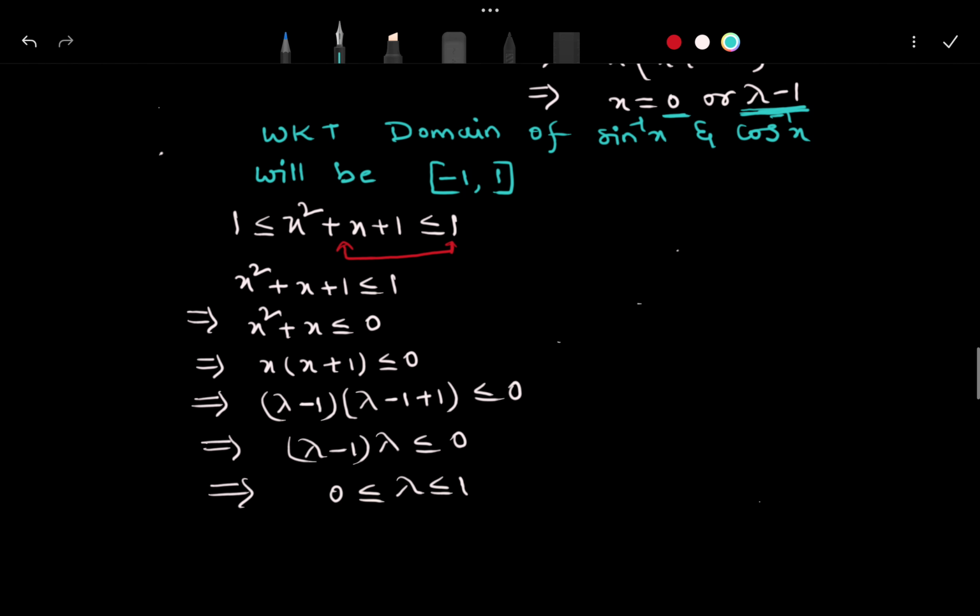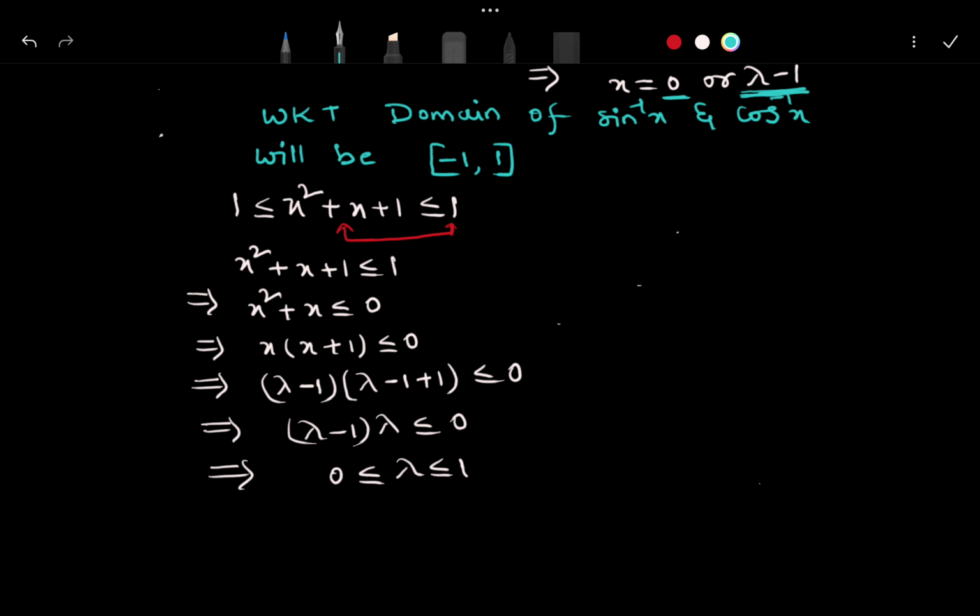So lambda value should not be equal to 1, since if lambda is equal to 1, the given equation has only one solution.